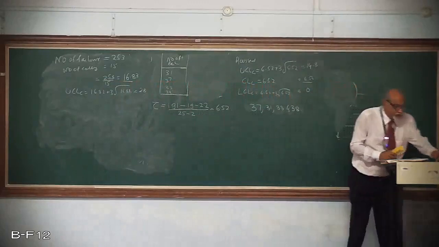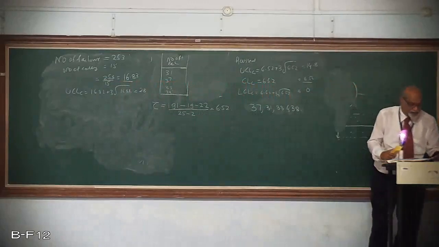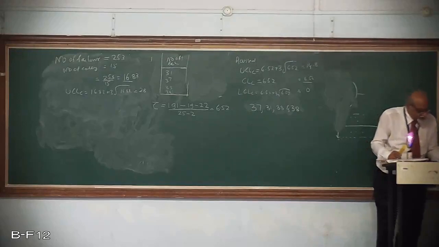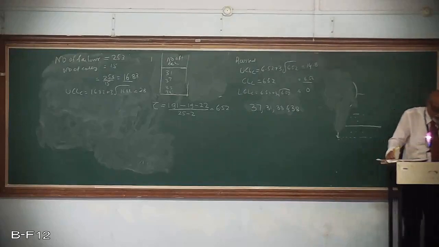Okay. Another problem will tell us the applications of this C chart. The following data refers to the number of missing rivets on an aircraft body noticed during a preventive maintenance schedule. Compute the control limits for a suitable control chart.